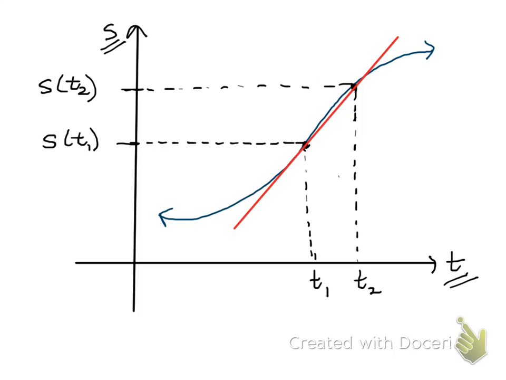Then when we look at the secant line slope, what we're really doing is looking at a change in position, which is on the y-axis, over the change in time, which sounds a lot like velocity for those of you that have taken physics. So let's go back to the notes and look at that idea.